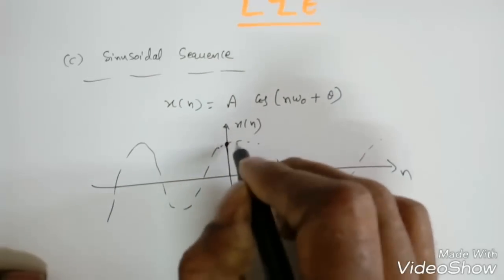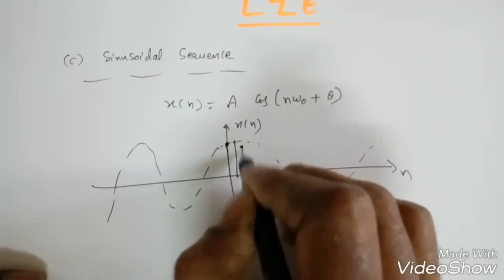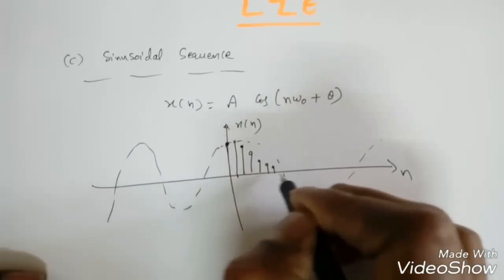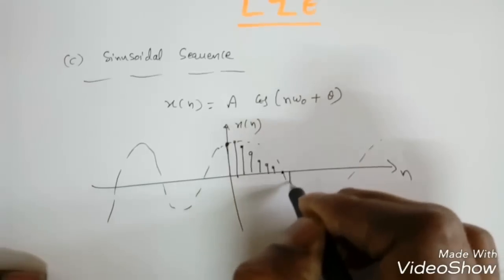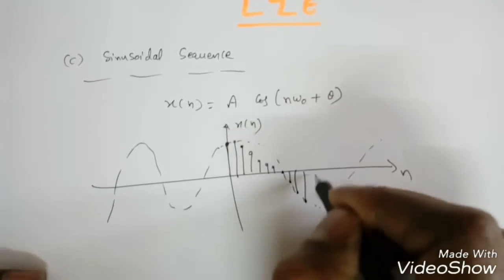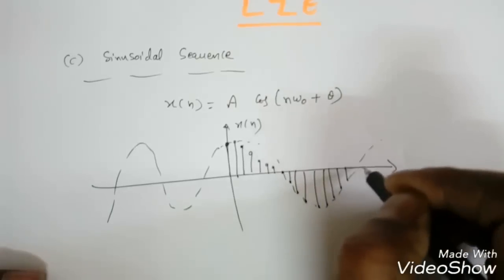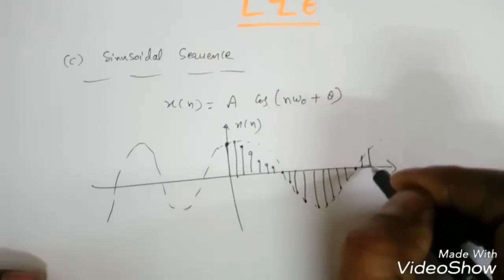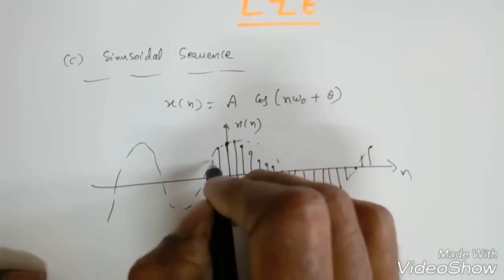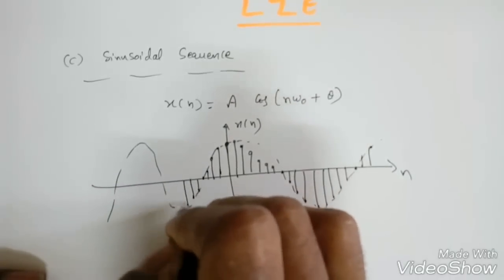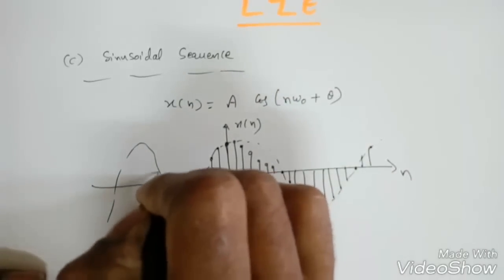So impulse, then it will reduce up to 0, then it will again increase, something like this we will get, and so on. Similarly here also reducing to 0, then the sequence will be there like this.